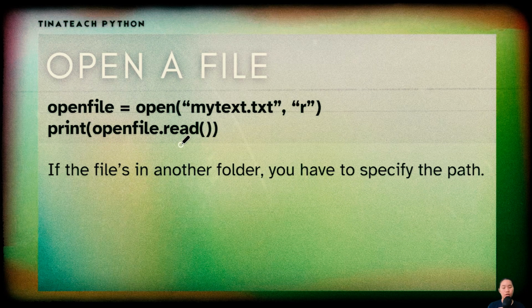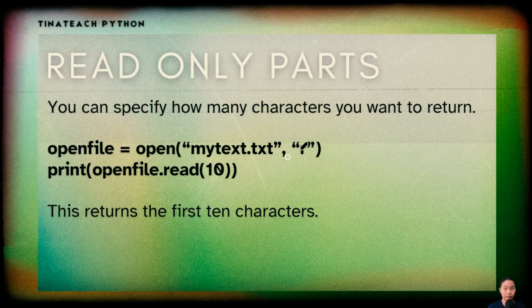Now, in your terminal, you can read the whole thing that's within the file. However, if the file is in another folder, you have to specify the whole path, like users, document, go here, go there, very specific.